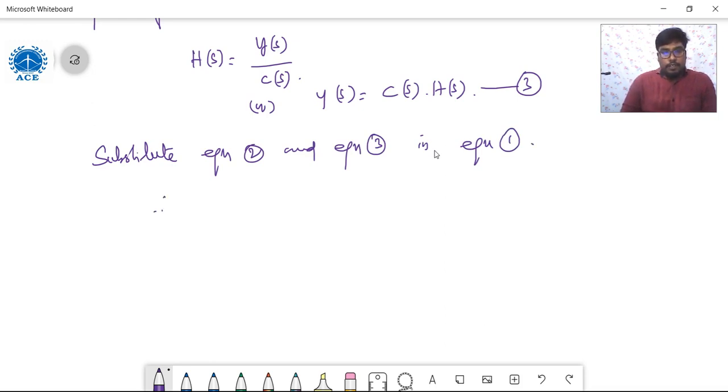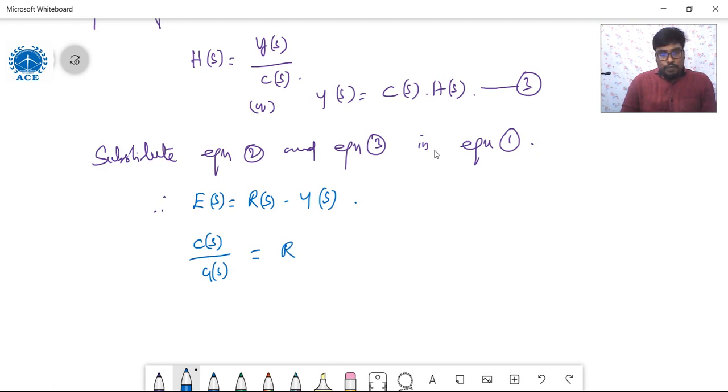Therefore, E(s) is equal to the difference R(s) minus Y(s). This is equation 1. Now E(s) is what? E(s) we have C(s) divided by G(s), is equal to R(s) minus, what is Y(s)?